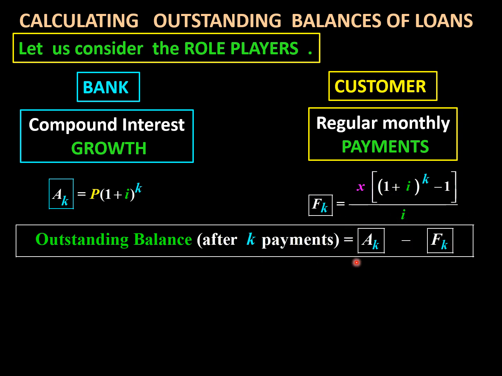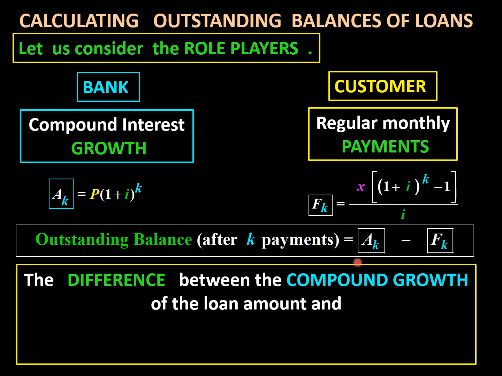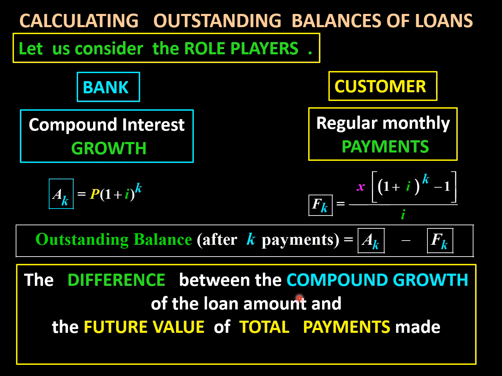So that's how we can calculate an outstanding balance: the difference between the compound growth of the loan amount and the future value of the total payments.